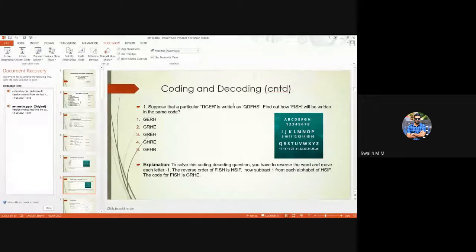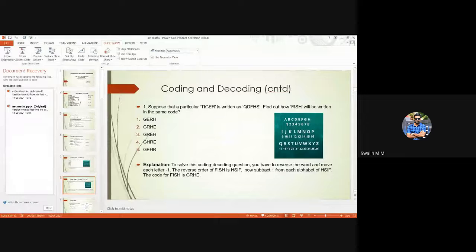Now we have to check whether the word is inverted or not. That is, if T has some relation with S and I has some relation with H. S is one letter before T and H is one letter before I. So this must have been inverted. Now we have to invert this word and do the same calculation. That is, the decoding is: invert the letters and reduce one.